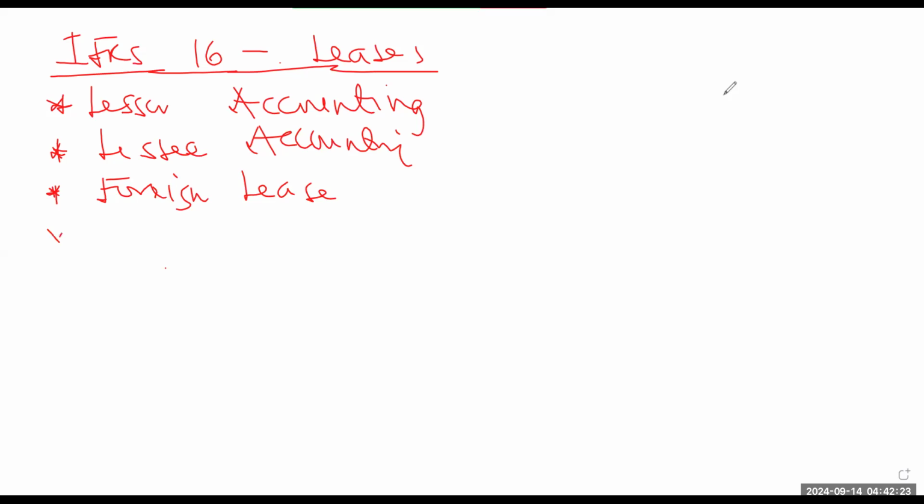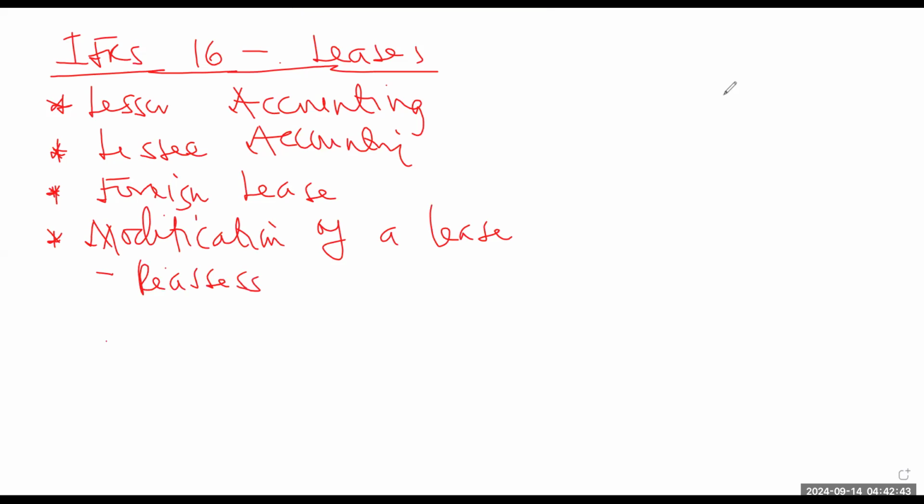Then we will look at what we call a modification of a lease. If you talk about modification of a lease, we'll be talking about an increase in scope, and so the reassessment of the lease liability.